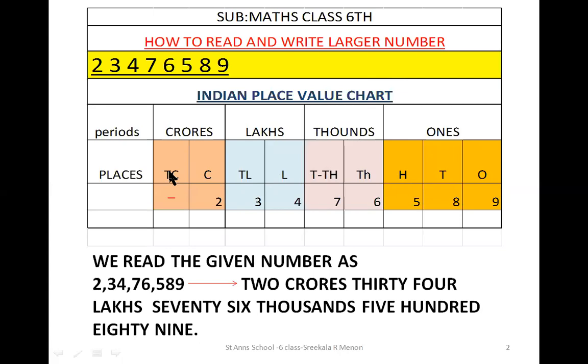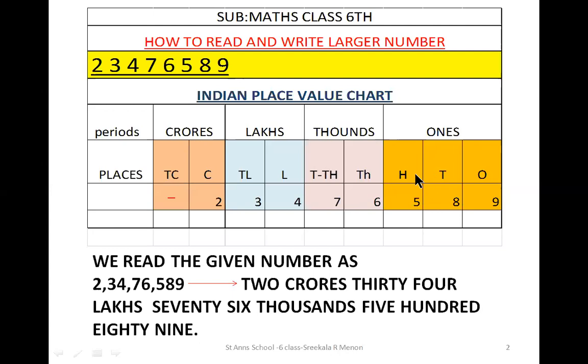There are 9 places. These places are grouped into 4 periods. How many periods are there? There are 4 periods in this chart.